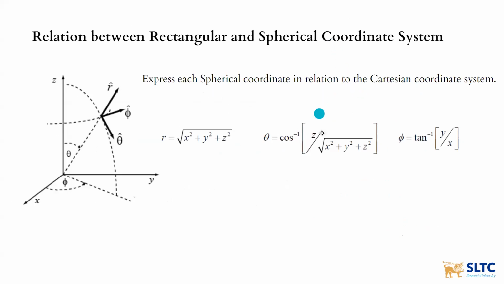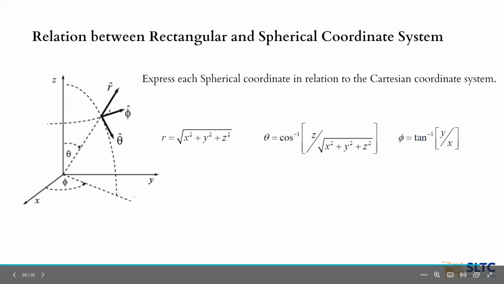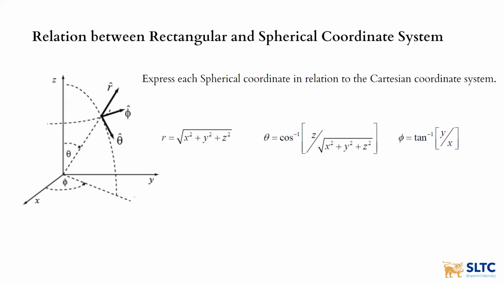Another aspect of this coordinate system is that we can move from one coordinate system to another coordinate system. Once we take the spherical coordinate system, we can find the value of r with respect to x, y, z coordinates.